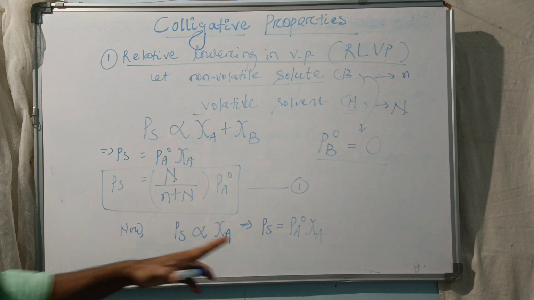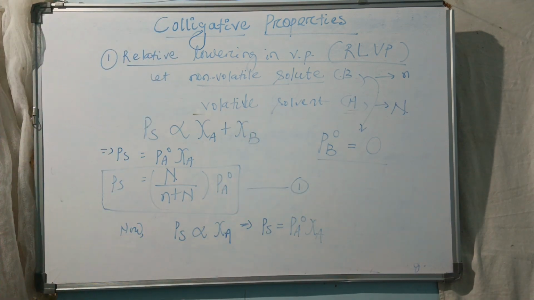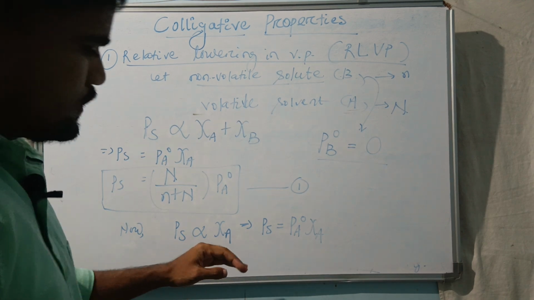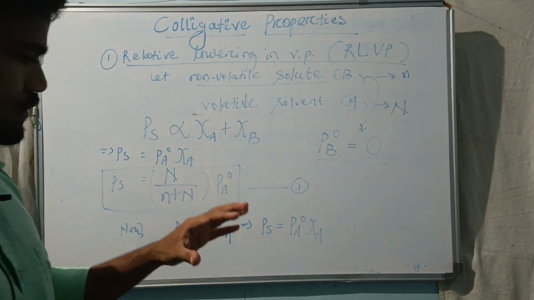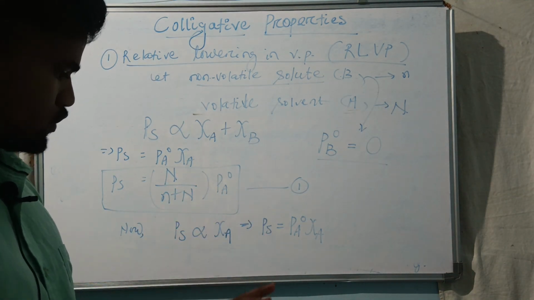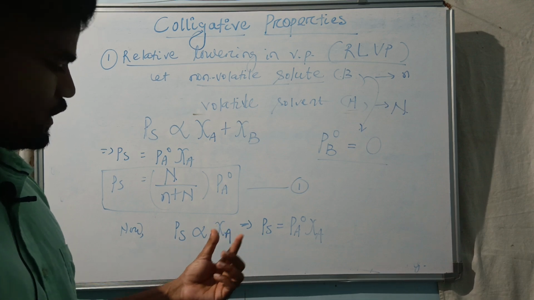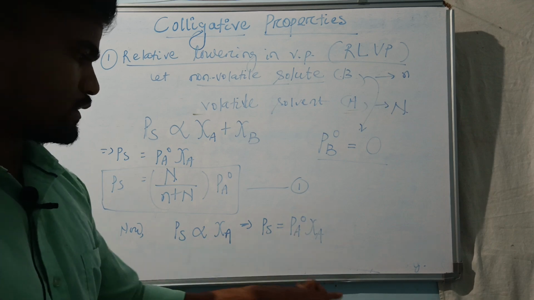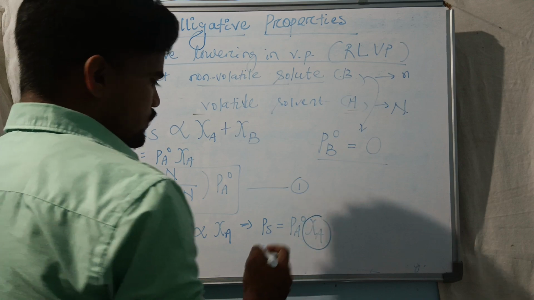So this is the chi of only the volatile solvent. As I have just told, for a solution of non-volatile solute at constant temperature, the vapor pressure of the solution is directly proportional to the mole fraction of that solvent.